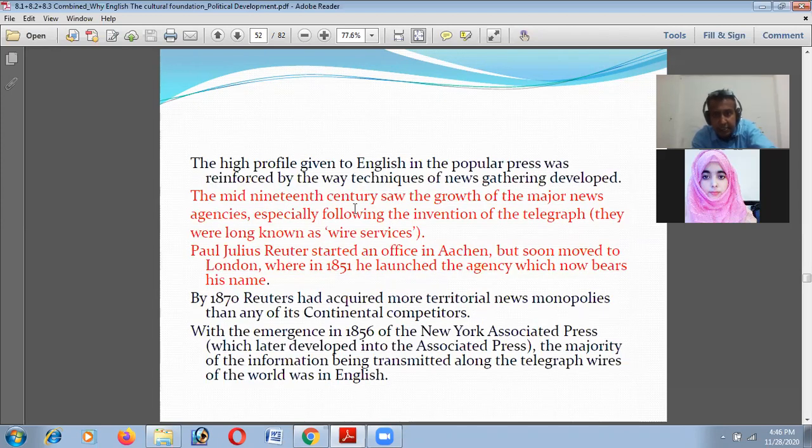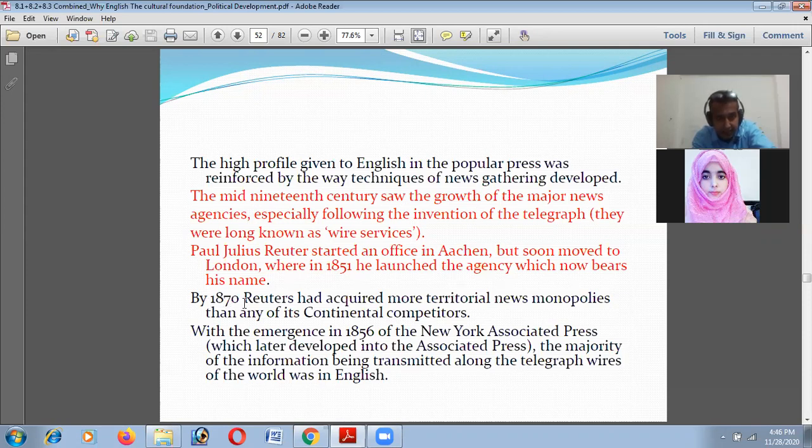The mid-19th century saw the growth of major news agencies, especially following the invention of the telegraph. They were long known as wire services. Paul Julius Reuter started an office in Aachen, but soon moved to London, where in 1851 he launched the agency which now bears his name, Reuters.